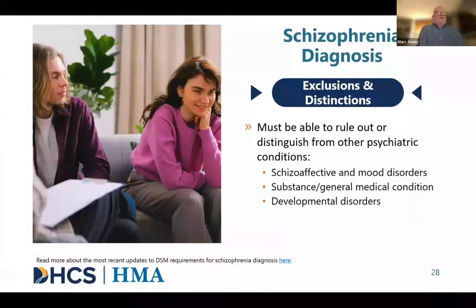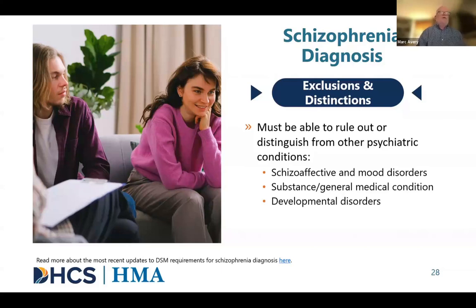The DSM-5 describes several exclusions and distinctions from other conditions for a diagnosis of schizophrenia. To be diagnosed with schizophrenia, the following criteria must also be met. First of all, you have to rule out that schizoaffective disorder and standalone depressive or bipolar disorder with psychotic features have been ruled out, because either no major depressive or manic episodes have occurred concurrently with the active phase, or if the mood episodes have occurred during the active phase, they've been present only for a minority of the total duration of that period.